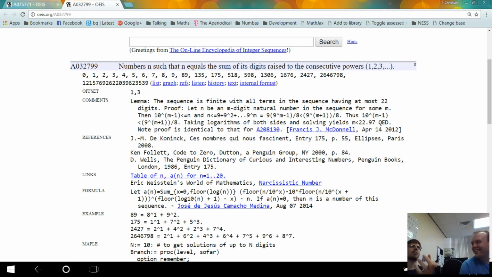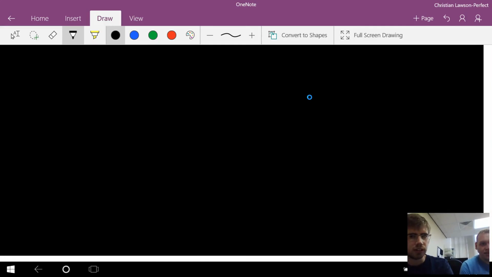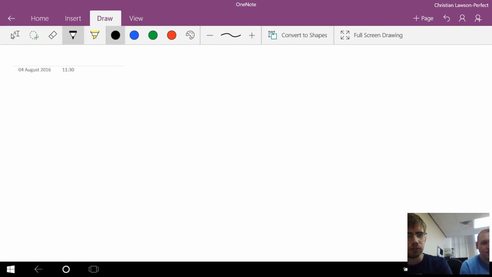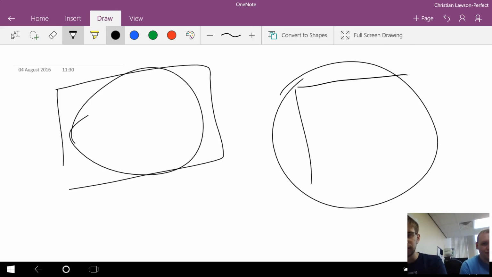You know, there's that thing about dimensions. Let's do some drawing on a page, why not? If you draw a circle and a square, that's a square by the way, or a square and a circle, the circle fills more of the square than the square fills of the circle. Okay.